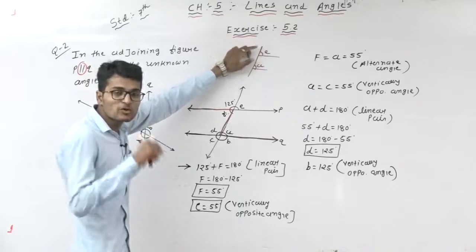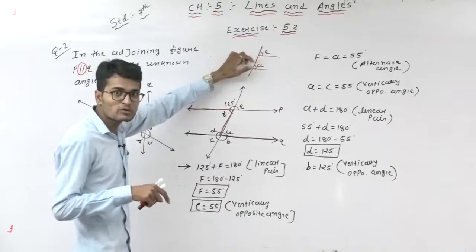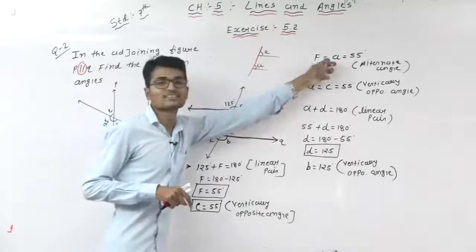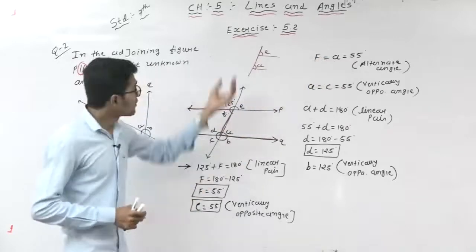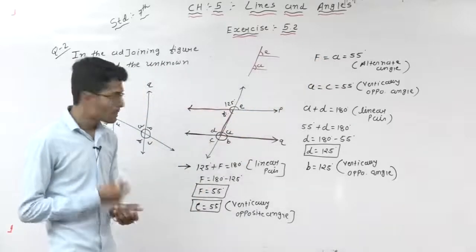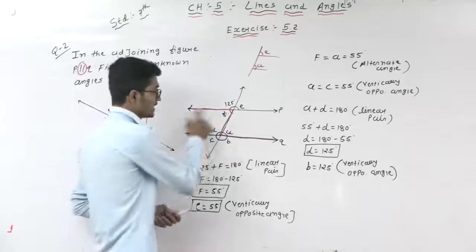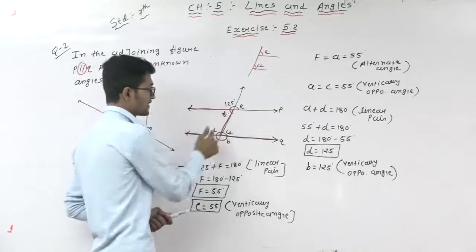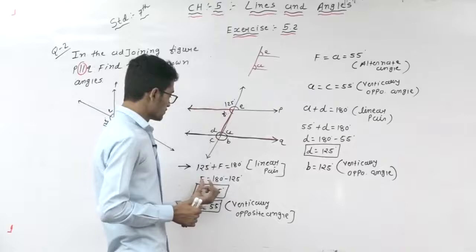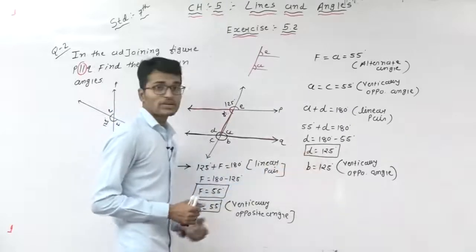So E value is equal to 55, then A value is also 55. Understand? So you can solve it this way as well. Same for this one, vertically: C, F and D. F is equal to 55, then D is equal to 125.